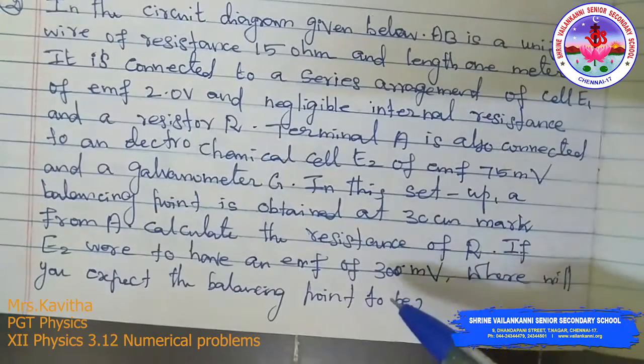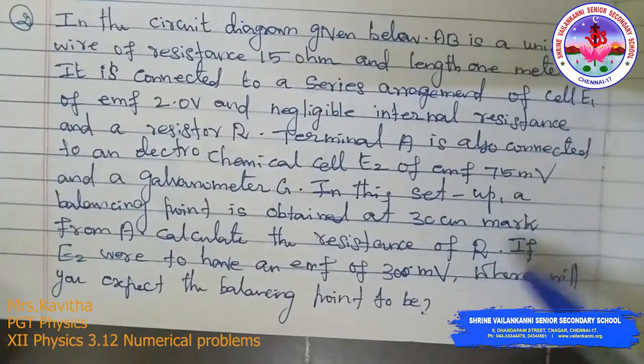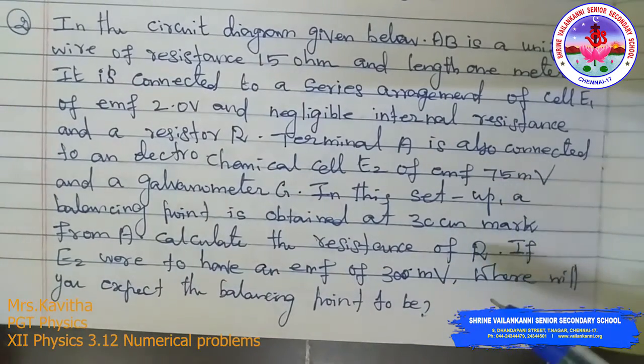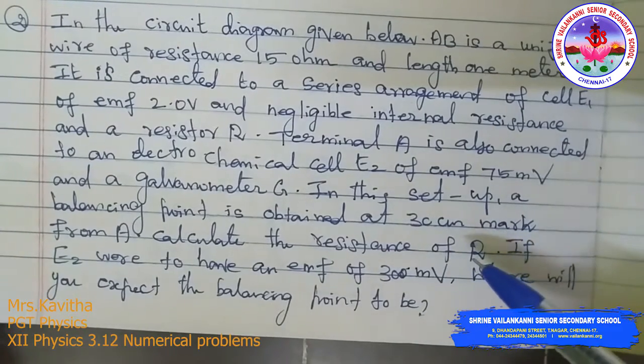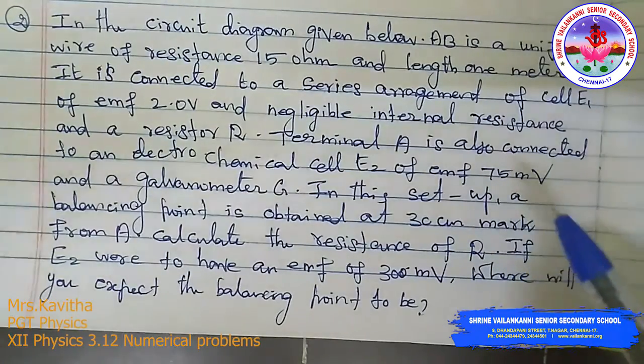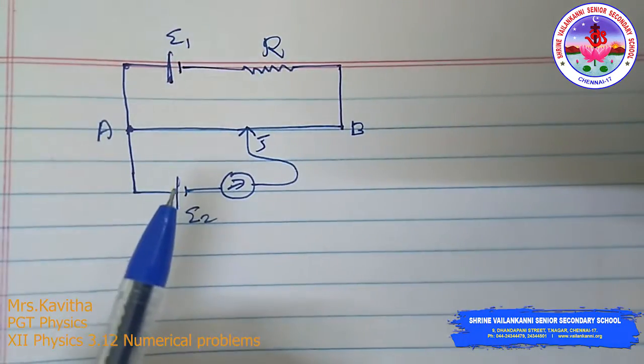By this question, the arrangement of the circuit, you can get the idea of a potentiometer, right? We can see the circuit diagram now.